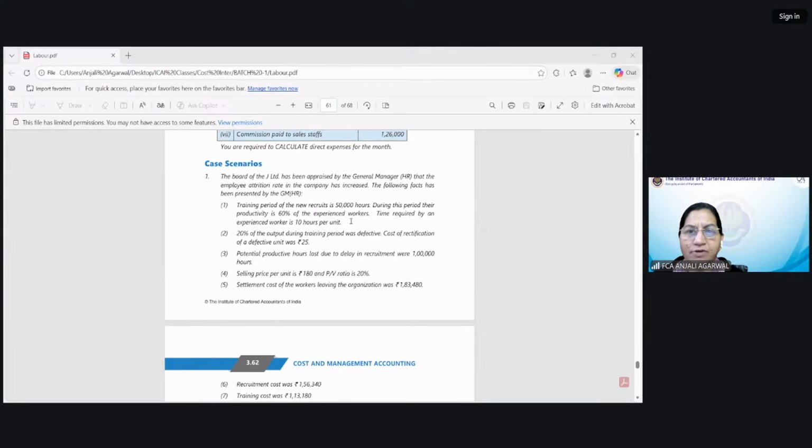Alternatively, we can say from the third line that time required by an experienced worker is 10 hours per unit. So in 10 hours, 1 unit. In 1 hour, 1 by 10 unit. And so in 50,000 hours, 5,000 units should have been produced, but 60% of 5,000, only 3,000 units were produced. So we can say either that 20,000 hours were lost, or we can say 2,000 units of output was lost.